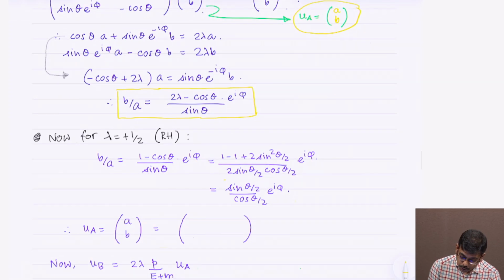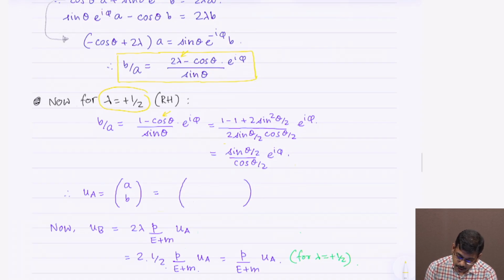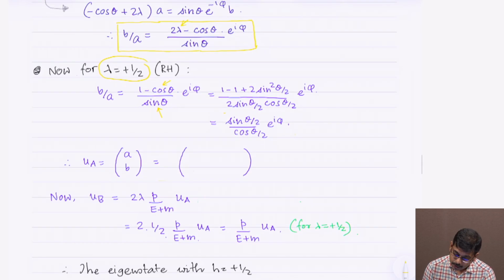Now, if you choose lambda equal to plus half, then I can put it back in this expression for 2 lambda, and this just becomes, with 2 sine square theta by 2 for 1 minus cos theta expanded as 1 minus 2 sine square theta by 2, and sine theta expanded as 2 sine theta by 2 into cos theta by 2, and in this way I can cancel 1 sine theta by 2 up and down, and this gives me sine theta by 2 into e to the power i phi by cos theta by 2.